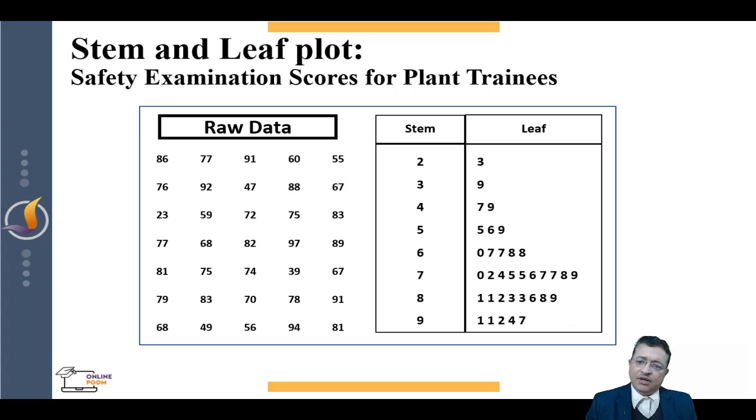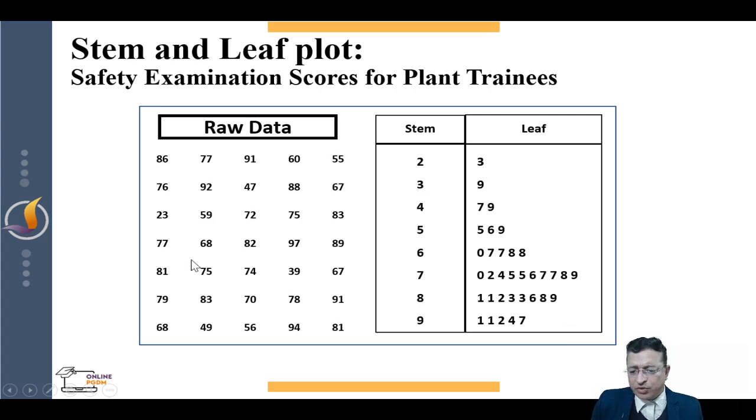For example, if we have data in 2 digits, the first digit can be considered as stem. So we will see how many categories can be made. So here if we start from 2 to 9, these are some categories, and the second digit will be considered as leaf, or you can say this will represent the number of observations in this particular category. For example, we have one observation 23, so 2 in stem and 3 in leaf.